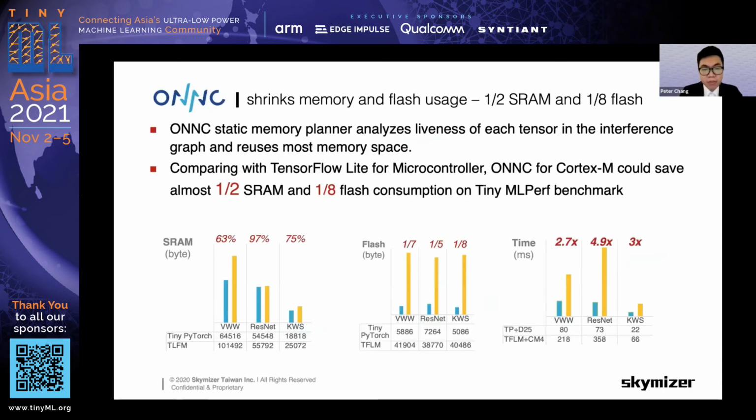About memory usage, we could shrink memory usage, but for dedicated hardware, it still has its limitations. If you use a 64 kilobyte SRAM, perhaps for some model it's okay, but for something like YOLOv5, it's very hard to put YOLOv5 into a 64 kilobyte SRAM device. So we will try our best to shrink a model to its limitation.